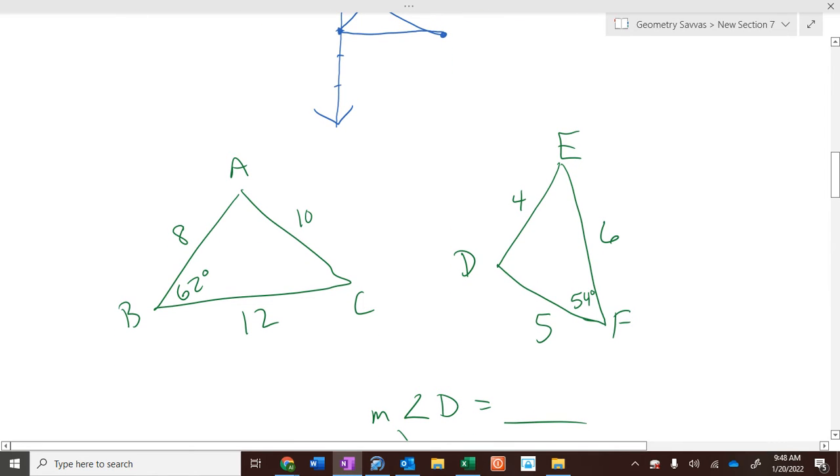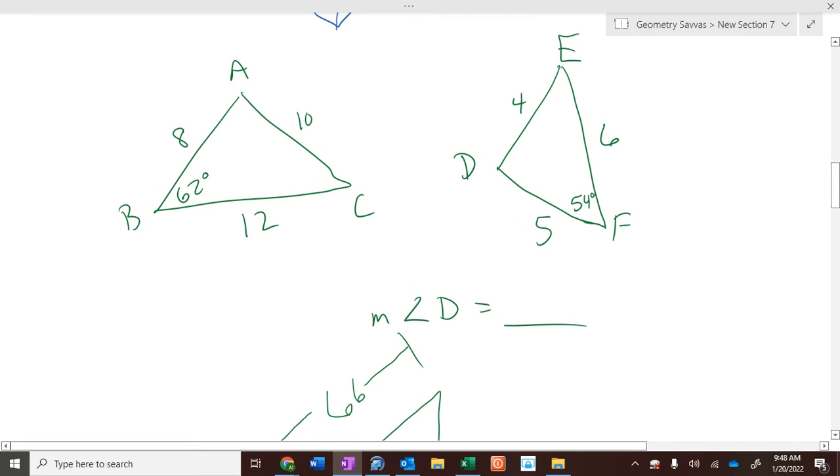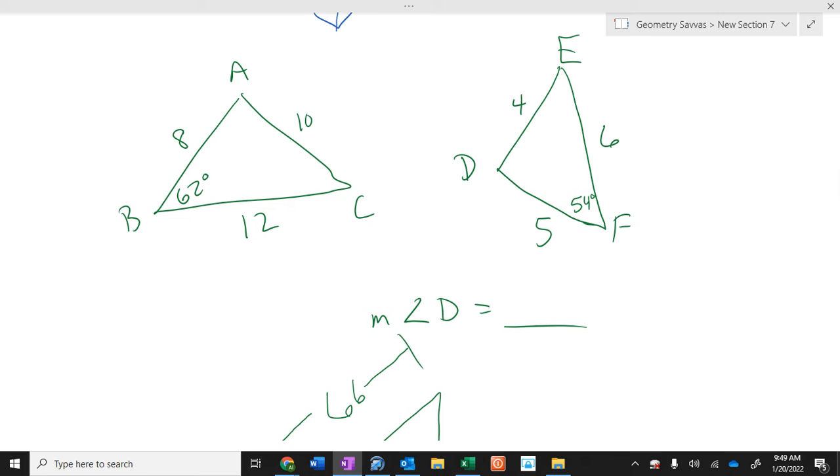All right. What is the measure of angle D in this situation? Now, between my littlest two sides, I don't know the angle.